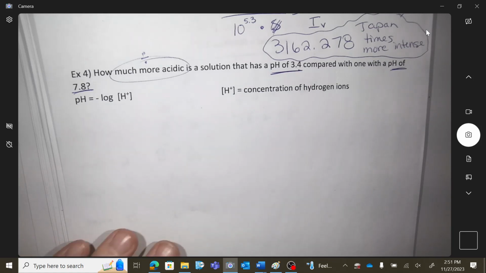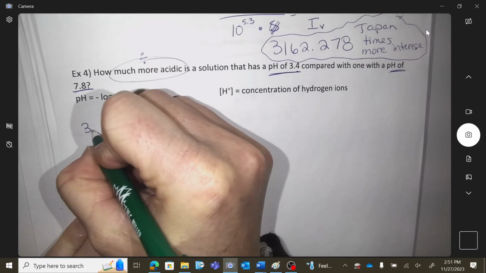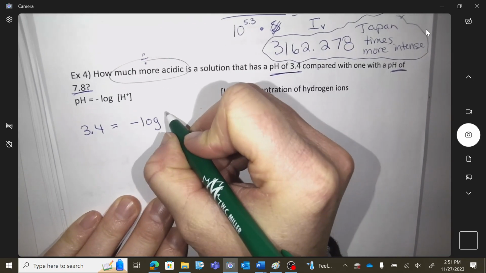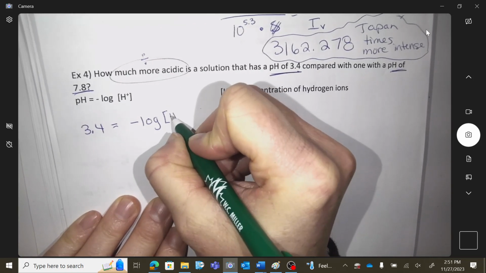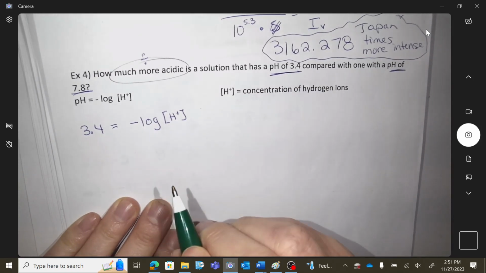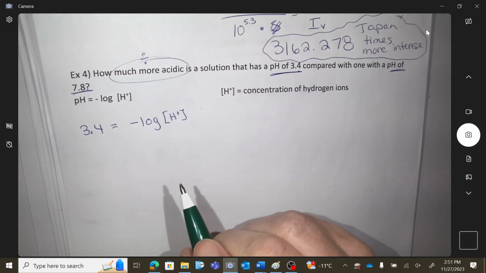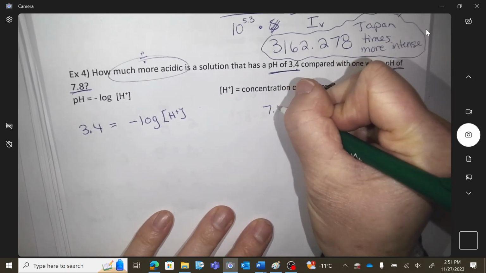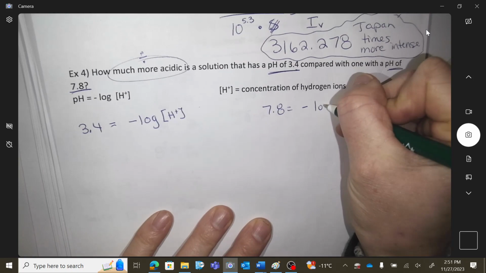Okay, so here we go. pH 3.4 equals negative log of, where's my chem people, what does that mean? Concentration of hydrogen ions. Some of you bringing back some good memories, right?